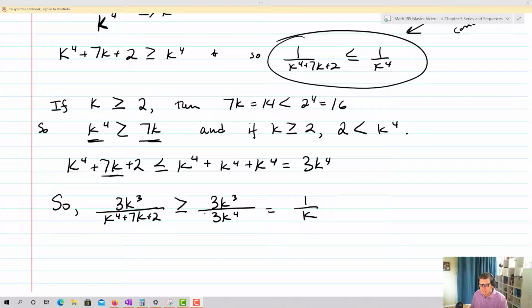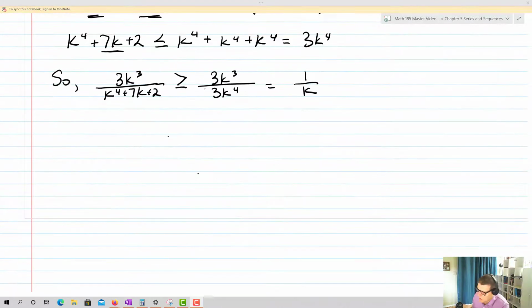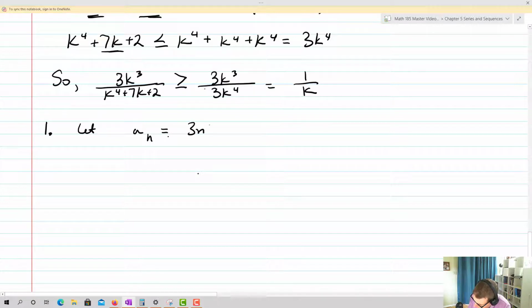Okay, so that's the first part. So now we're ready to prove. So 1, we'll use a sub n in this case, and let b sub n equal 3n cubed over 3n to the 4th, which equals 1 over n.